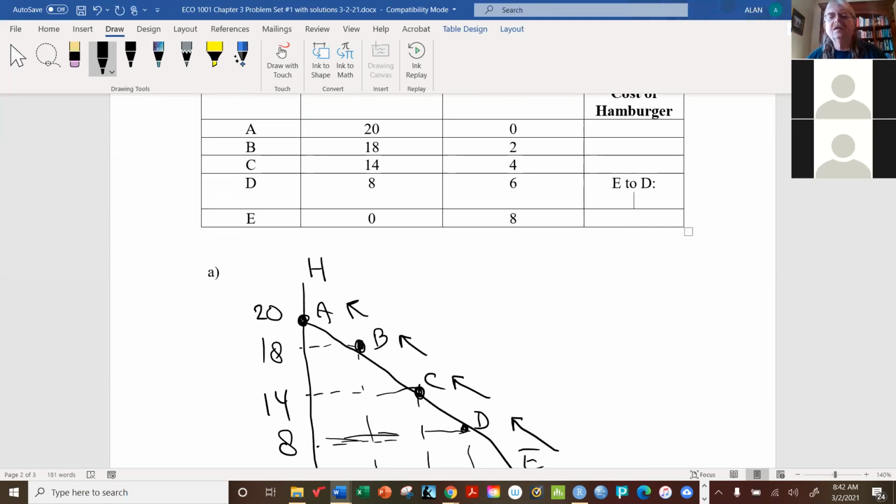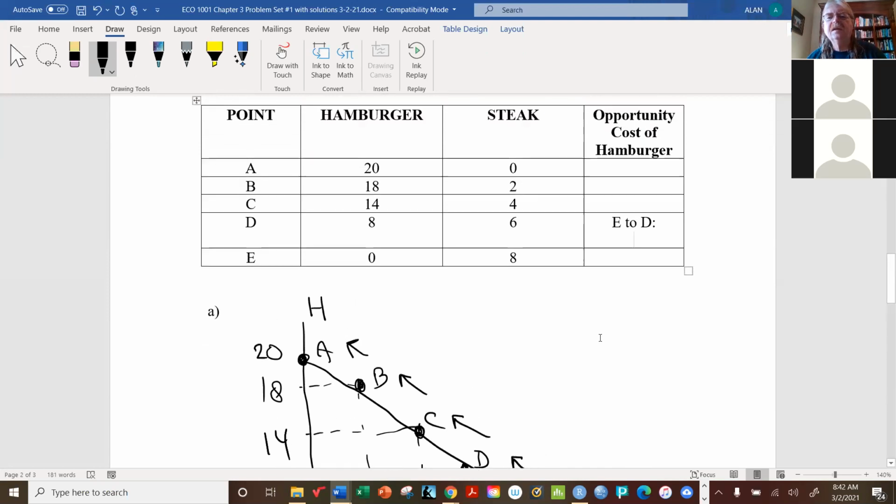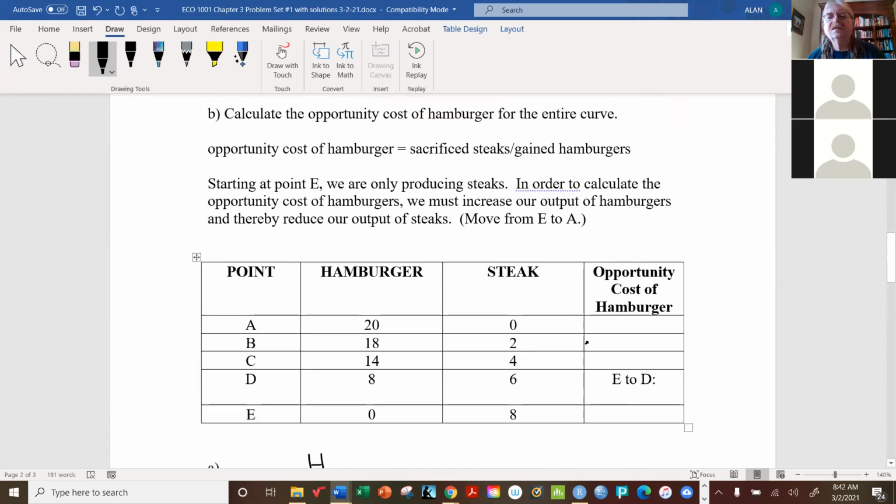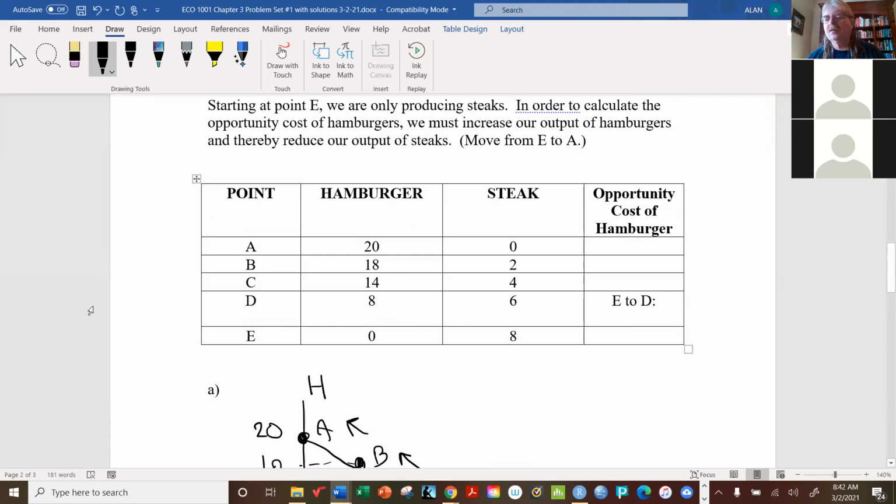we'll note that to go from E to D, how many steaks are we giving up? In other words, as we go from this point to this point, we're giving up 2 steaks and we're gaining 8 hamburgers.